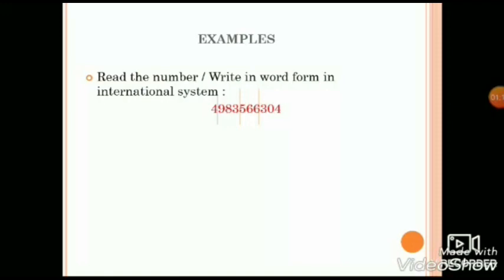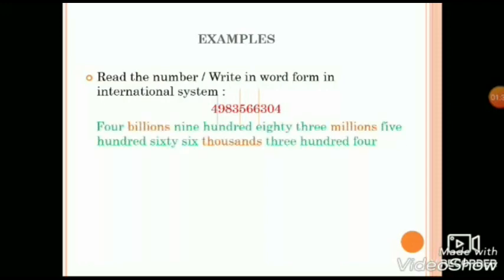Starting from the rightmost corner, the first period is the ones period, and in the middle there are thousands and millions, and the last one at the left corner is billions. So the number is 4,983,566,304. This way we have to write the numeral form of the given number in the international system.